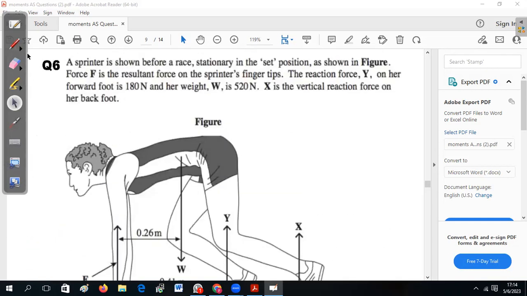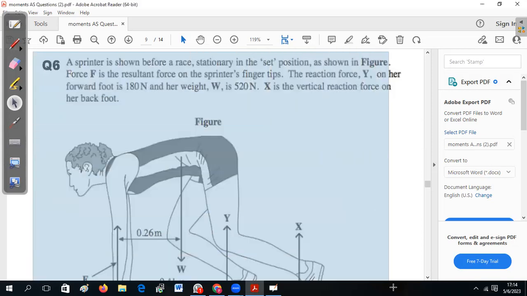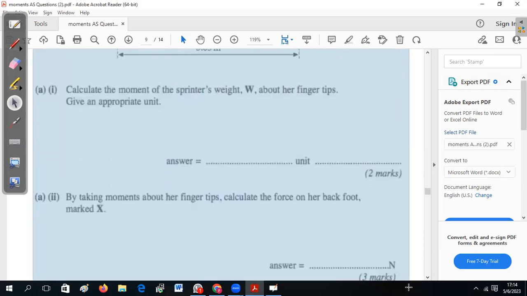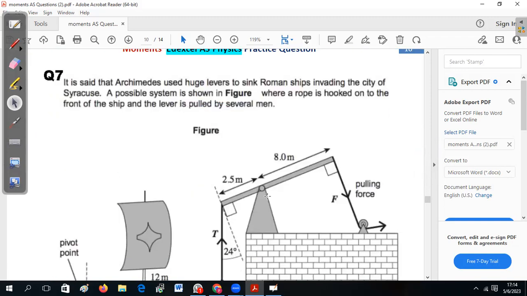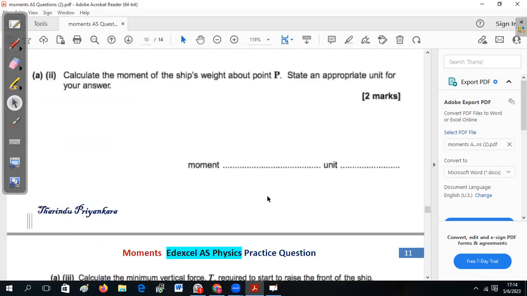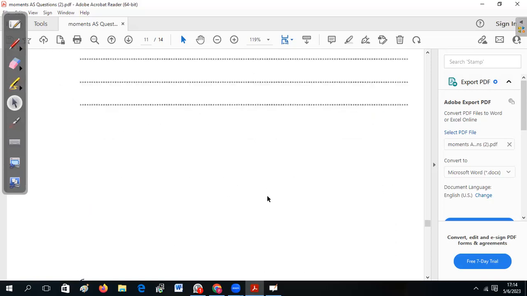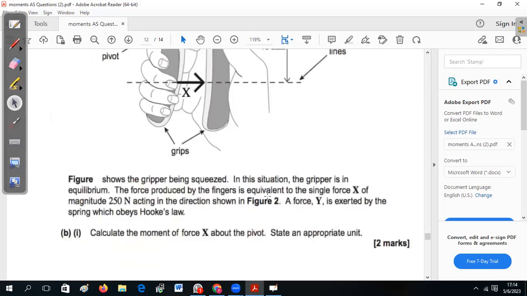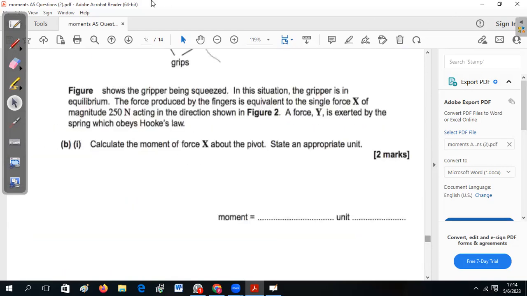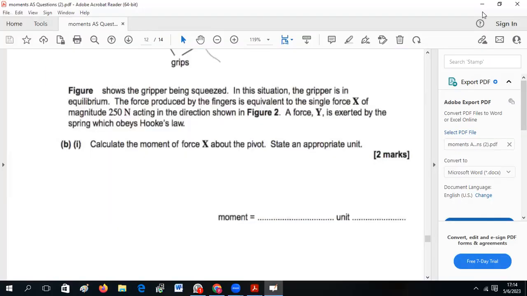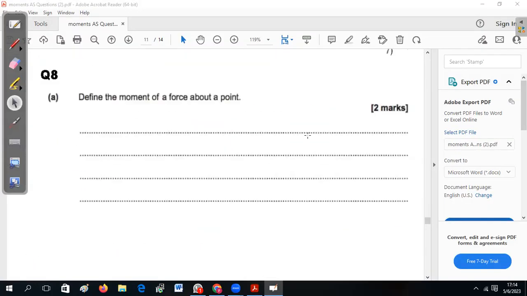Because this one is not that complicated. We have to do something not that complicated, then go for the complicated one. Firstly, start with that. There are many complicated questions after. So what question number? With the sprinter.